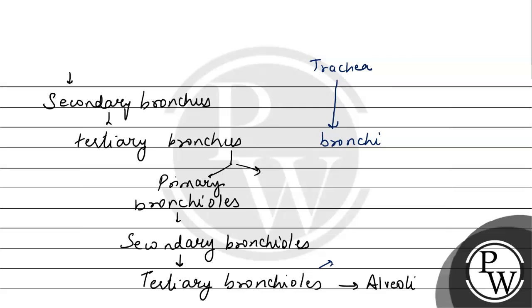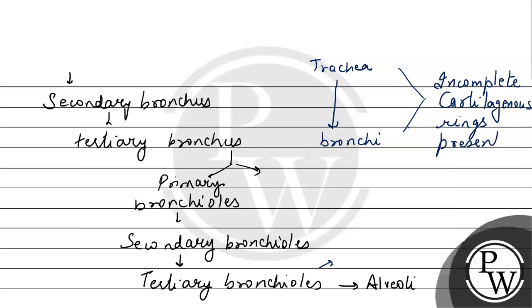So from trachea to the tertiary bronchi we have incomplete cartilaginous rings present, but these incomplete cartilaginous rings disappear at the end of bronchioles. That means they become thinner and thinner due to more and more branching.